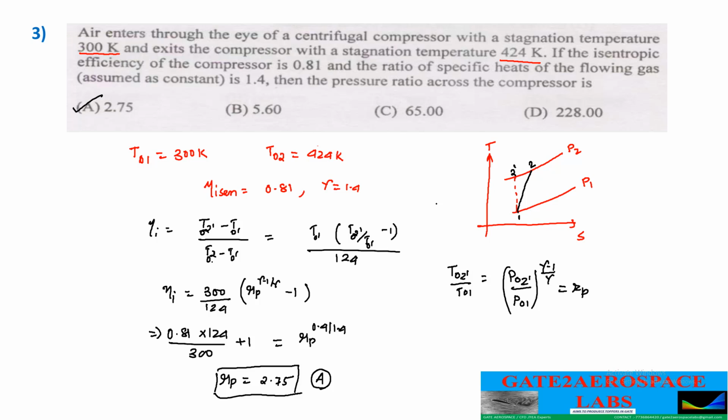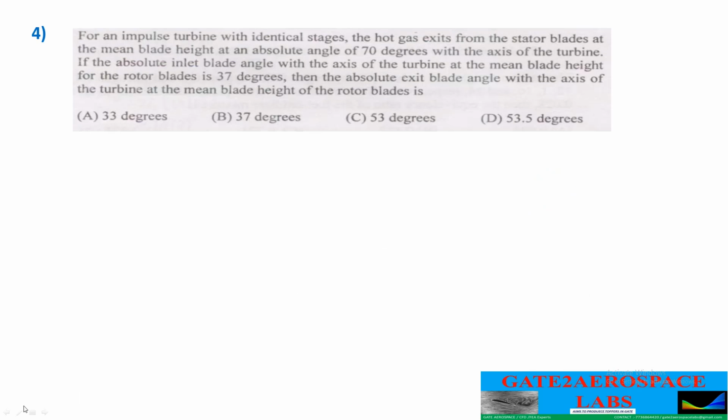Right? Next question. For an impulse turbine, this is very important. In the impulse turbine with identical stages, the hot gas exits from the stator blade at the mean blade height with an angle of 70 degrees. That means you have alpha 2 as 70 degrees with the axis of the turbine.